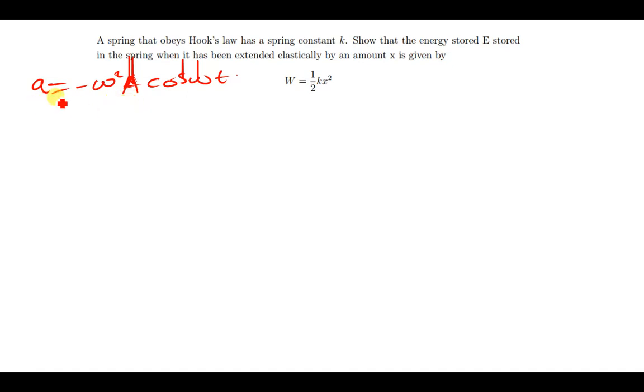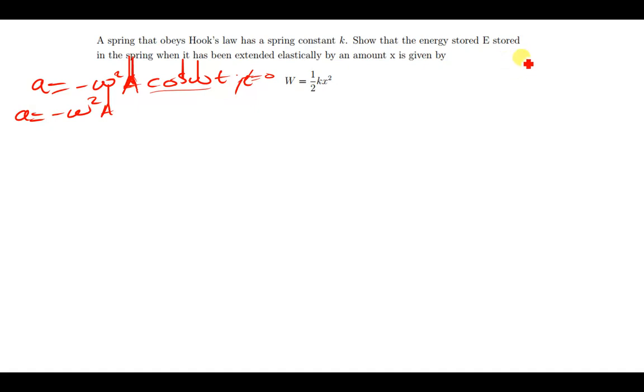Then at the initial conditions, when t is equal to 0, cos 0 becomes 1. So you are going to have a is equal to negative omega squared a.